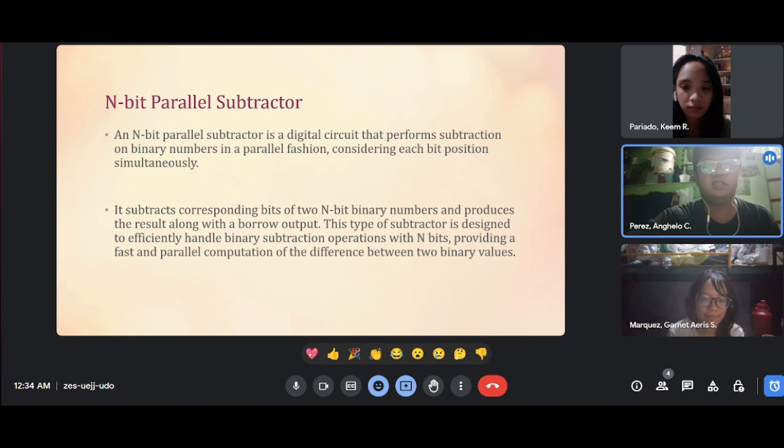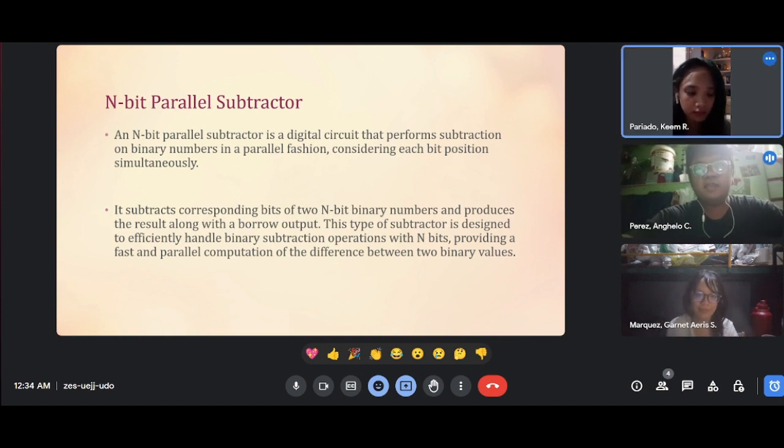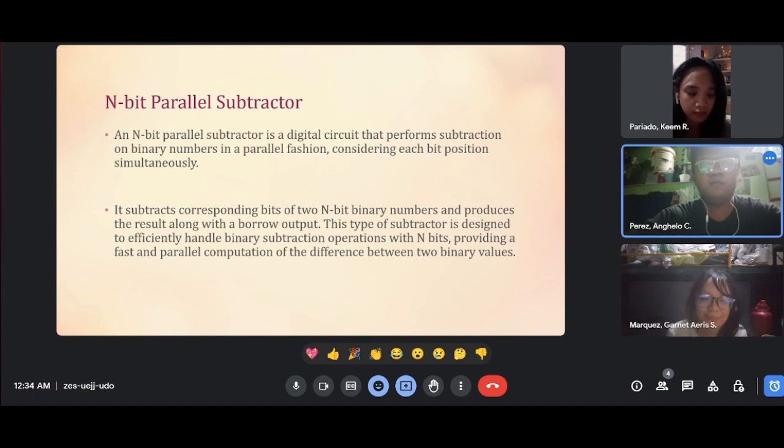Imagine each digit is processed simultaneously. They are subtracted at the same time, and then it gives you the immediate answer, the difference between the two values.